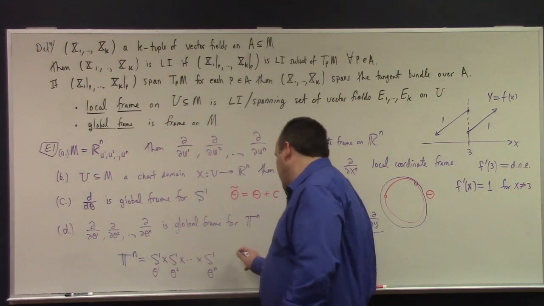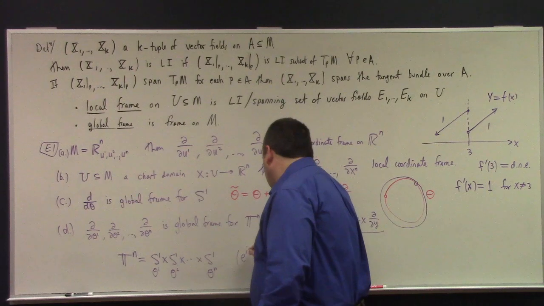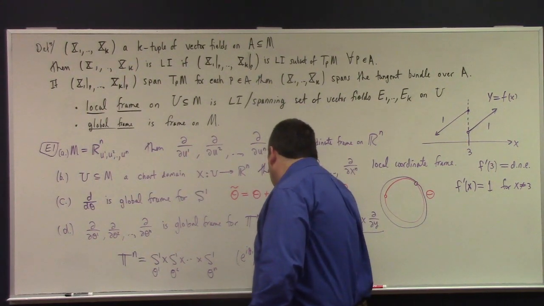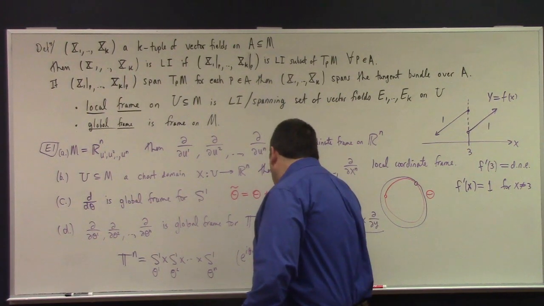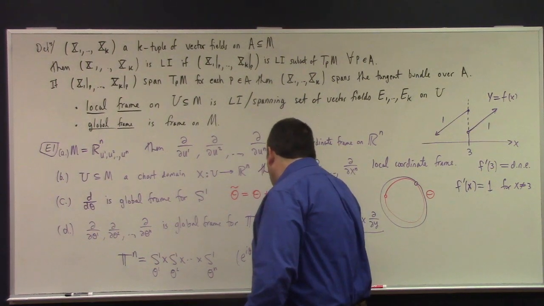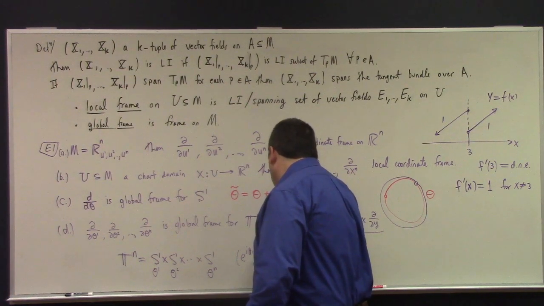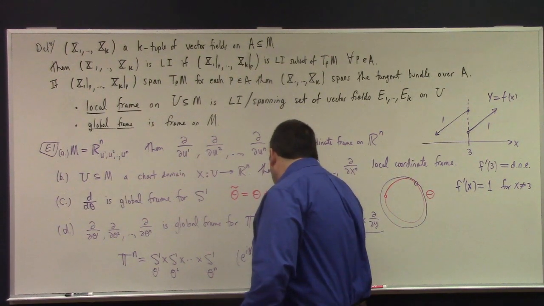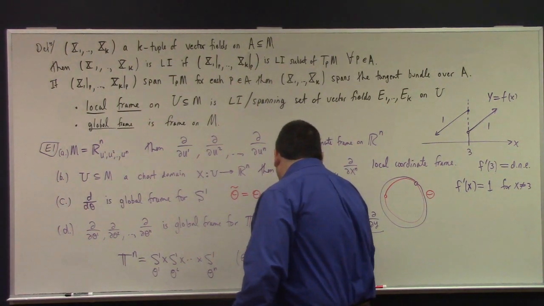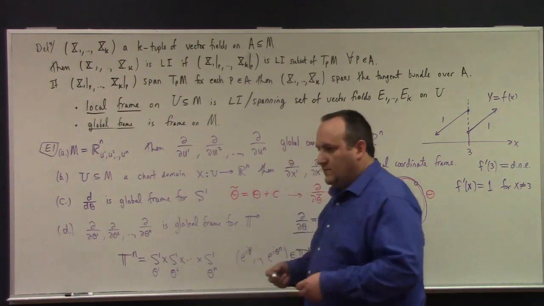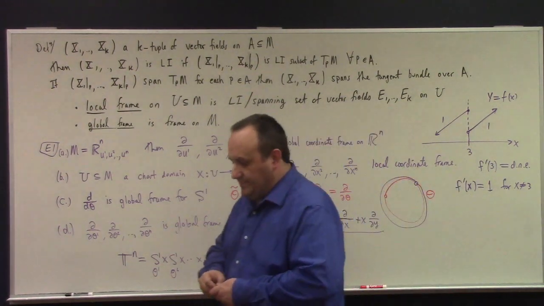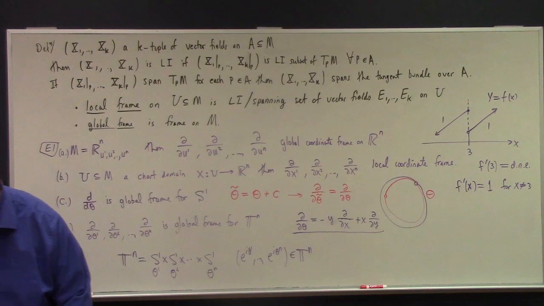Because a typical point in Tn looks like e to the i theta 1, ..., e to the i theta n, right? So if you know your choice of angles, then you've uniquely defined the point in the n-torus. So we have a natural angle coordinate chart on the n-torus.